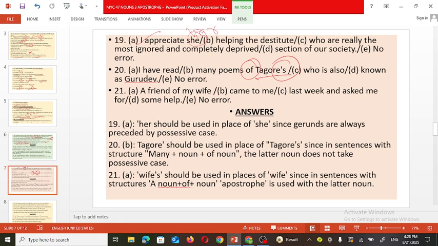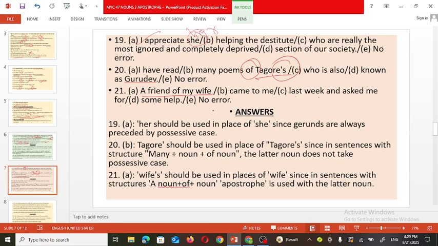Next, a friend of my wife. A friend of my wife came to me last week and asked me for some help.